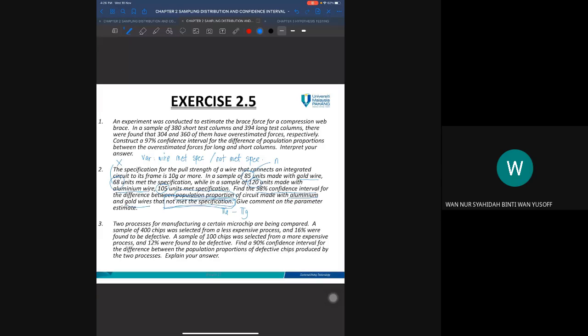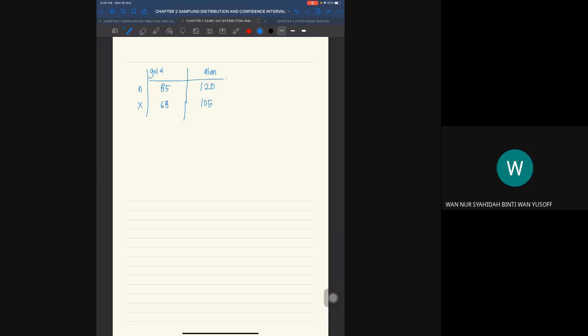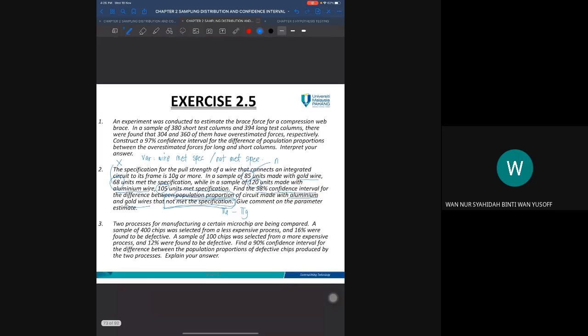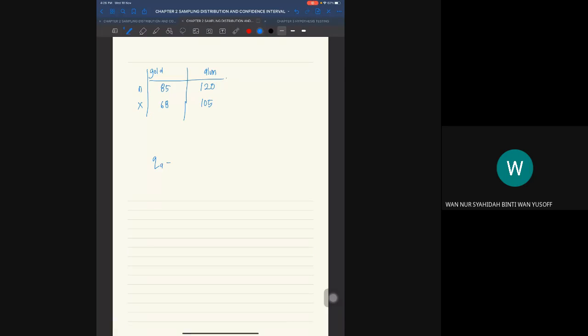Okay, so you can write your formula in this form. What we need is Q. So Q aluminium first, minus Q gold, plus minus Z alpha over 2, square root of QA times 1 minus QA over NA, plus QG times 1 minus QG over NG.